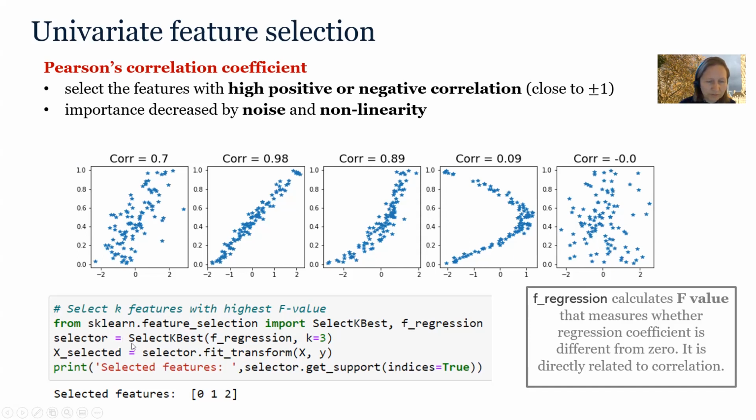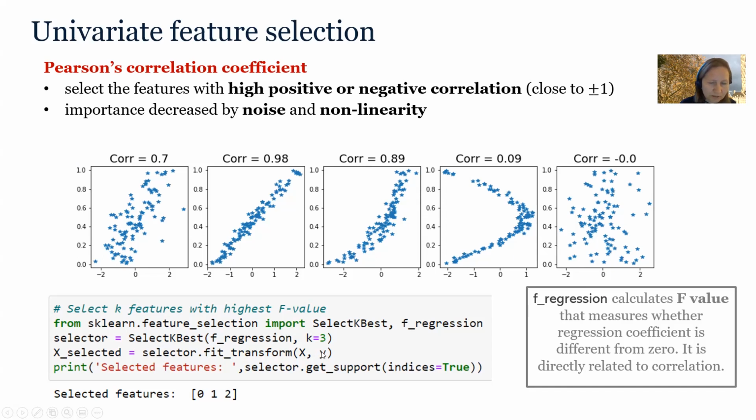and this time we will use SelectKBest. This feature selector simply selects the predefined number of best features. So in this case, we have the scoring function f_regression that will calculate the F value, and we will select 3 features. This selector is a transformer object, so we can transform the features using fit_transform.